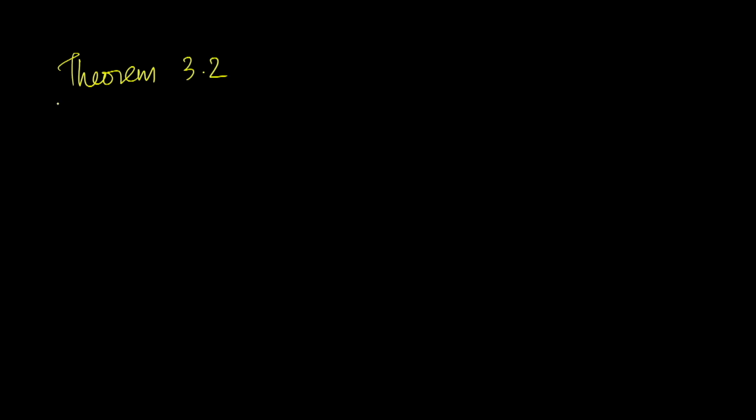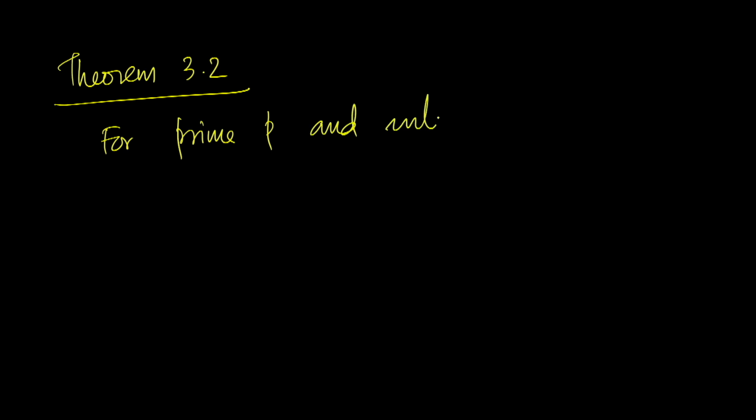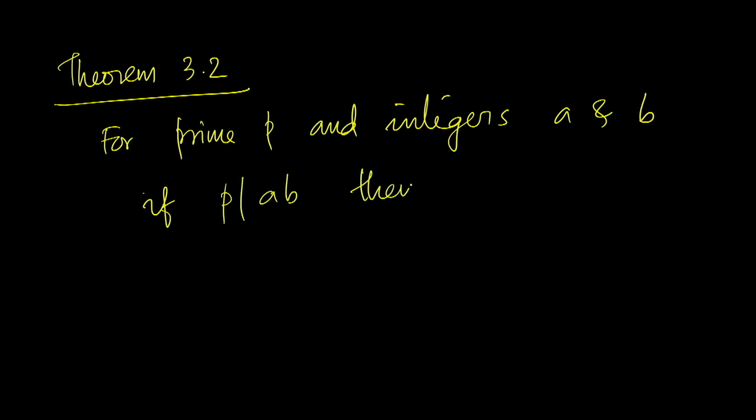Another theorem, which we call theorem 3.2. For prime p and integers a and b, if p divides the product a b, then either p divides a or p divides b. The proof is easy again.